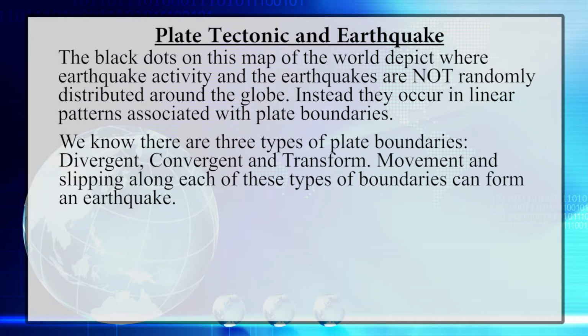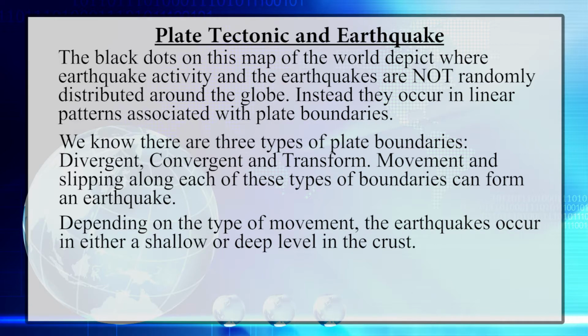Therefore, we can say that plate tectonics and earthquakes are very much related, and we know there are three types of plate boundaries: convergent, divergent and transform. Movements and slipping along each of these types of boundaries can form an earthquake. Depending on the type of movement, the earthquake occurs at either a shallow or deep level in the crust.